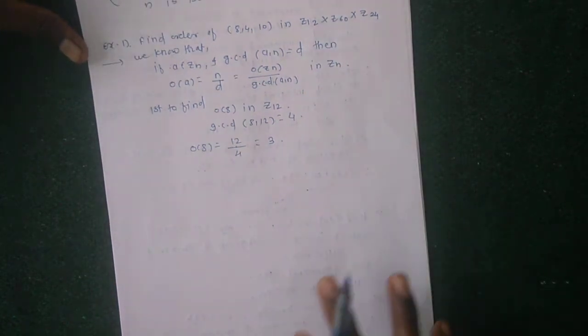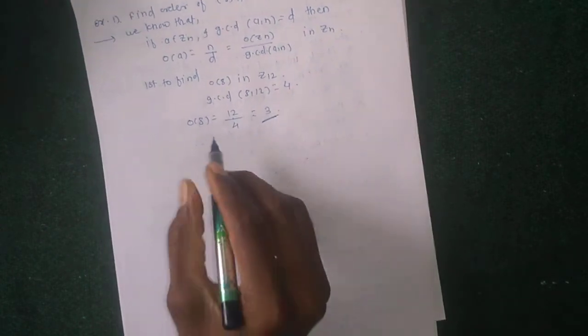Therefore the order of 8 is 3. This is one order.